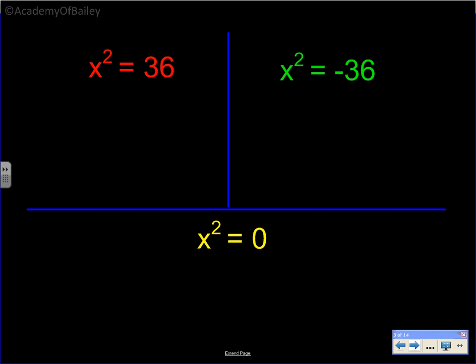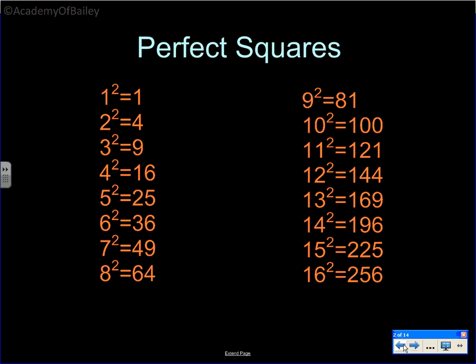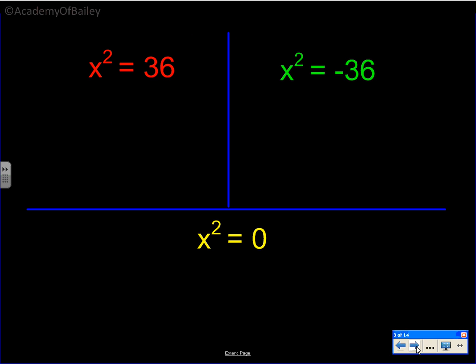Well, coming back here, which number multiplied by itself will give you 36? 6 will, right? Because 6 times 6 is going to be 36. Now, is that the only number multiplied by itself that will give you 36? No. Negative 6.